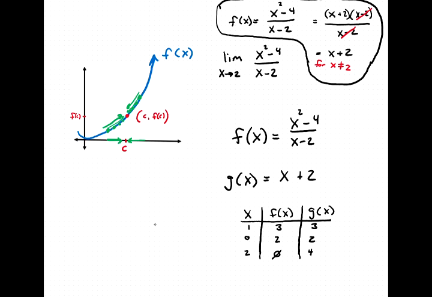So we know the graph of x plus 2 is a straight line, but when we graph f of x, it's actually a straight line with a slope of 1 and a y-intercept of 2, but when x is equal to 2, there's a hole in the graph.